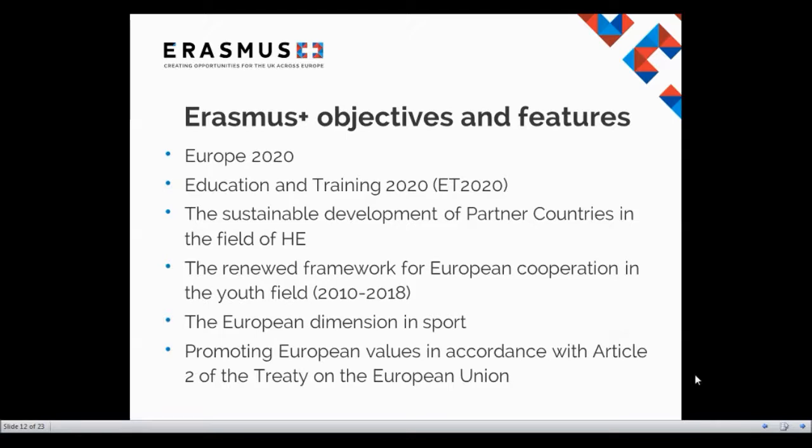And these are the Europe 2020 strategy, including the headline Education Target, the Strategic Framework for European Cooperation in Education and Training, ET 2020, the Sustainable Development of Partner Countries in the Field of Higher Education, the Renewed Framework for European Cooperation in the Youth Field, 2010-2018, the objective of developing the European dimension in sport, in particular grassroots sport, in line with the EU Work Plan for Sport, and the promotion of European values in accordance with Article 2 of the Treaty on the European Union, which include human dignity, freedom, democracy, and equality.